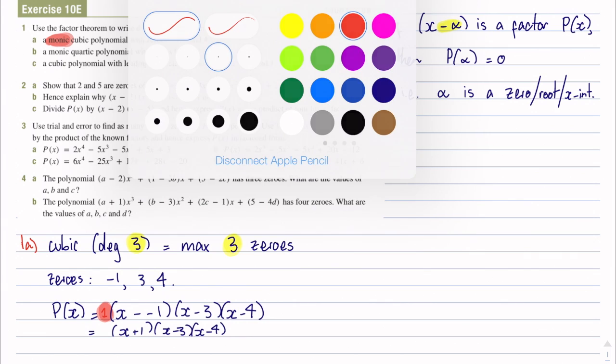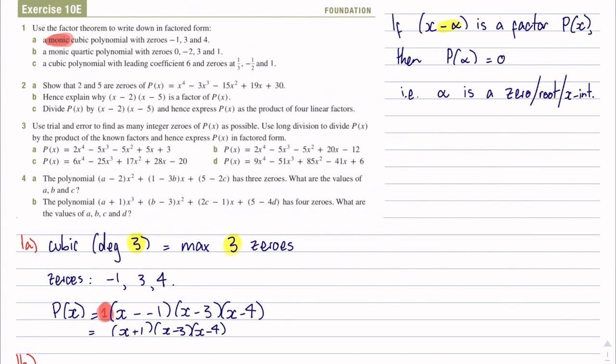Okay, let's have a look at 1b. It says quartic, so it's degree 4. So it has max 4 zeros. Look, they've given us 4 zeros.